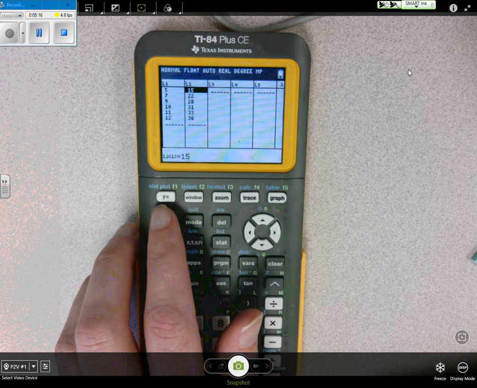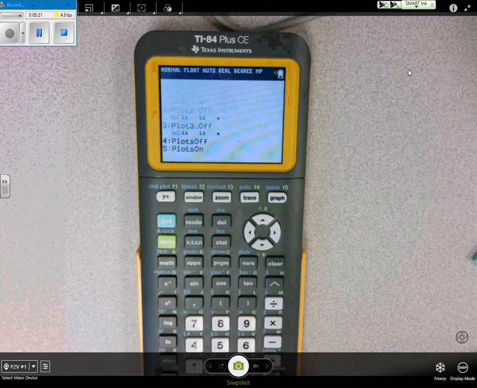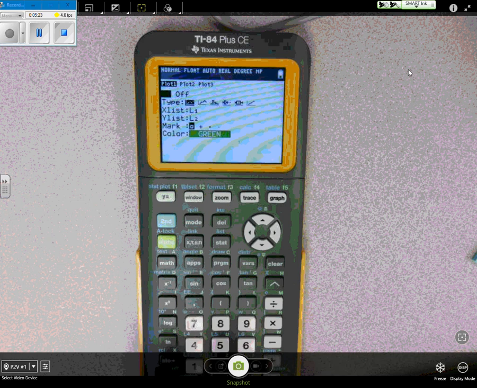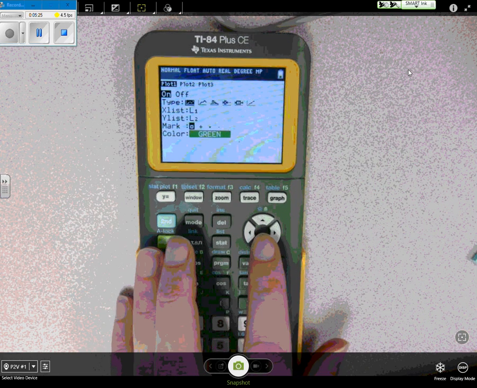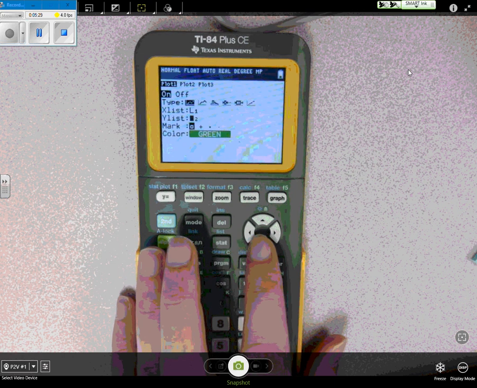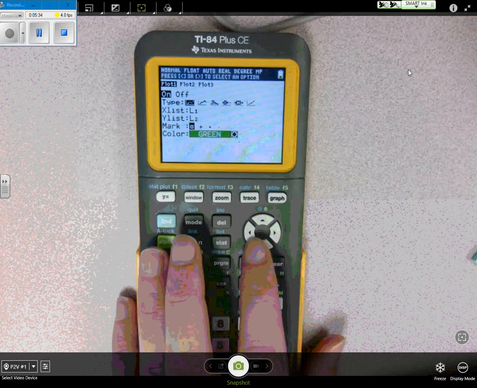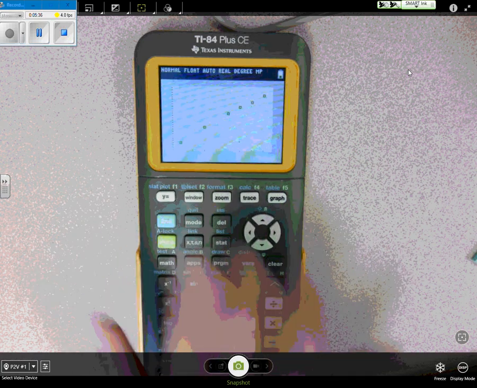And if I come up here to second stat plot, second Y equals, I can turn my plot on. I can tell it what type of graph I want, where my X list is, where my Y list is, what mark I want to use, what color I want to use, and I'm ready to graph.